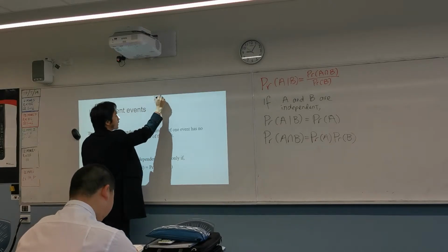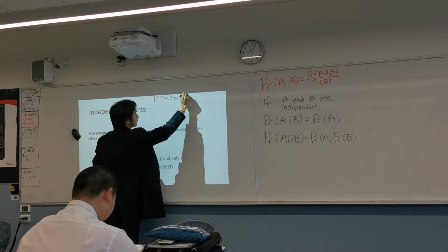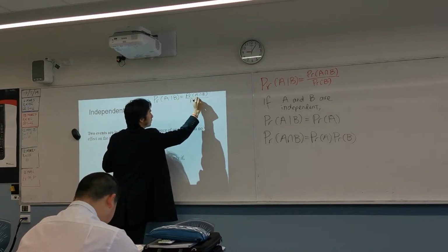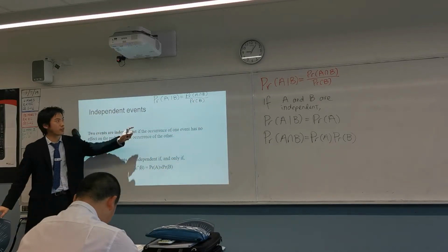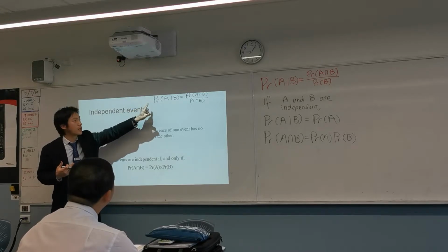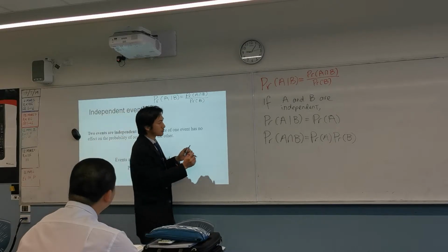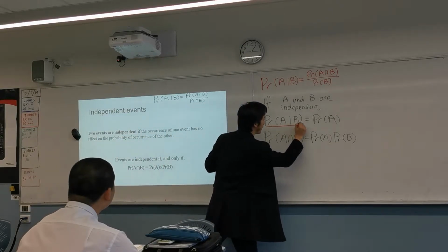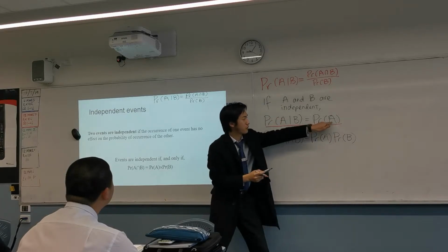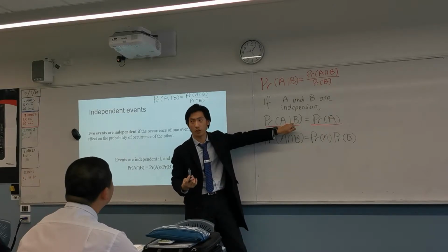We start off with our definition of conditional probability. Okay, we start off with this. And then we know that if we have independent events, then that conditional part reduces to just the probability of your event happening, whether or not your condition has occurred.